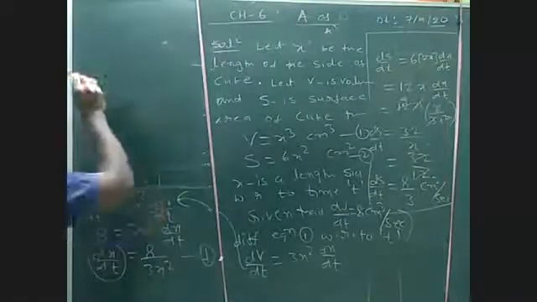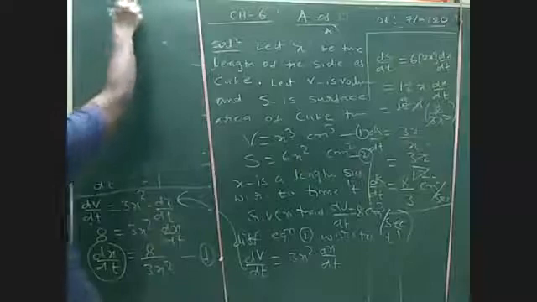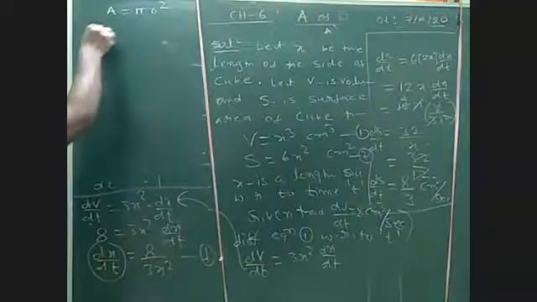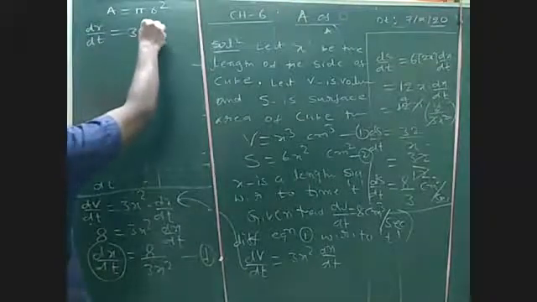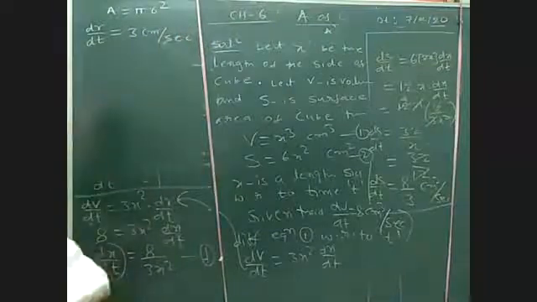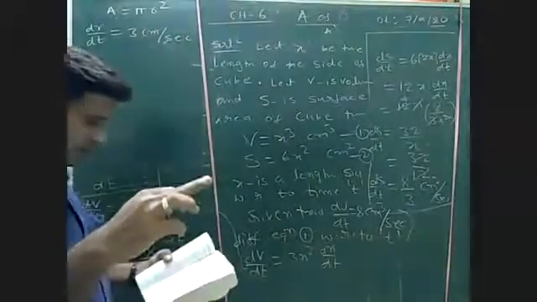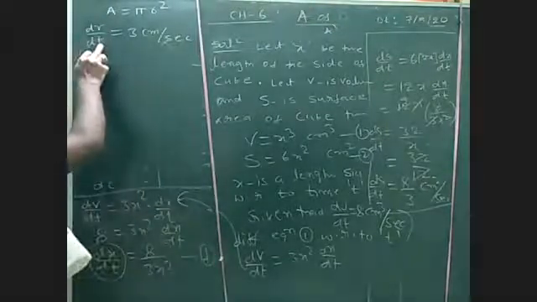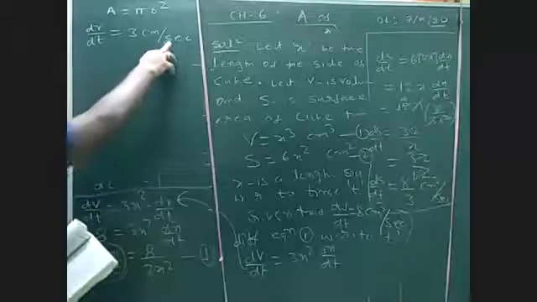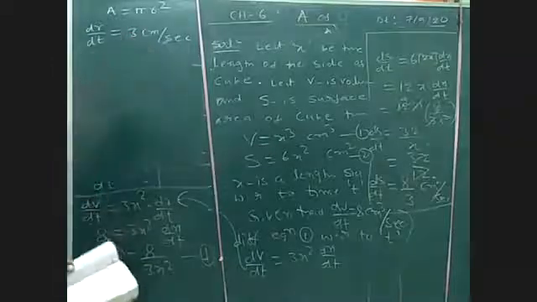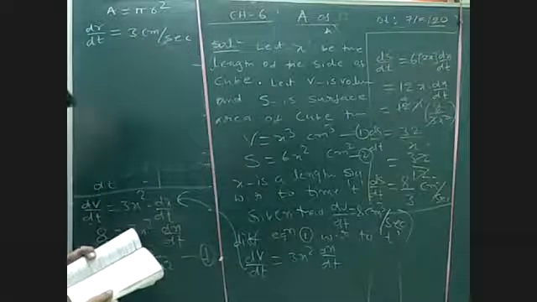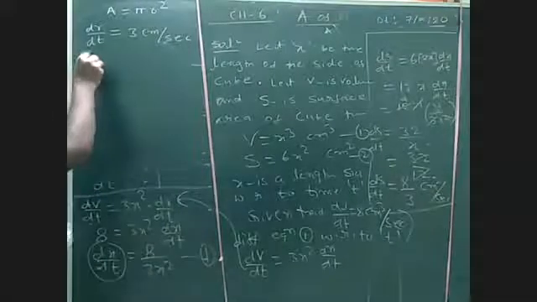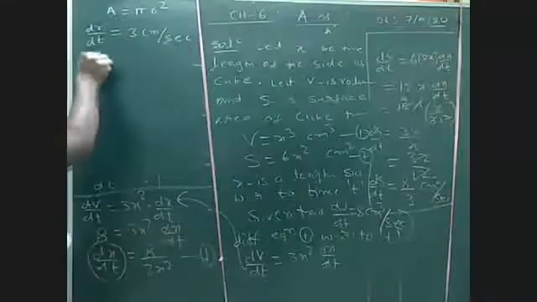Again, the question is related to the area of a circle, that is pi r square, and according to the given data, dr by dt is given as 3 centimeters per second. Clearly the radius of the circle is increasing uniformly, nothing but the radius is changing with respect to time uniformly, 3 centimeters for each second. Find the rate at which the area is increasing, means we need to find dA by dt.